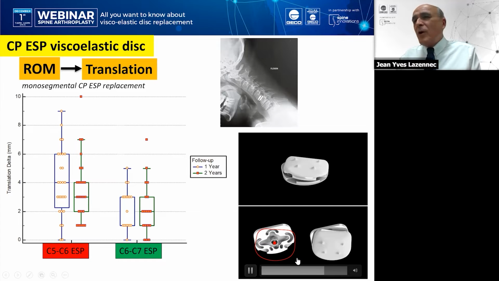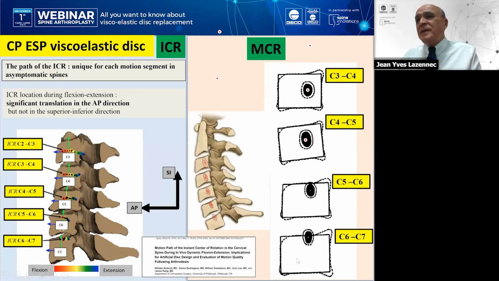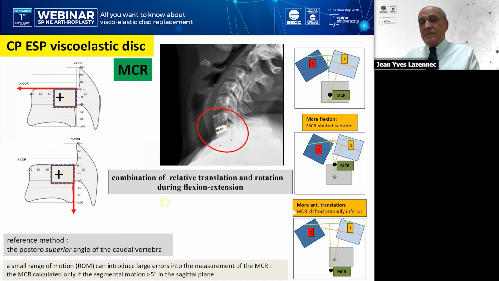So what is important is to look at the mean center of rotation, which is the combination of this rotation and translation. All of us are accustomed to look at the mean center of rotation as on the right of the slide. And we don't speak a lot about the instantaneous center of rotation.